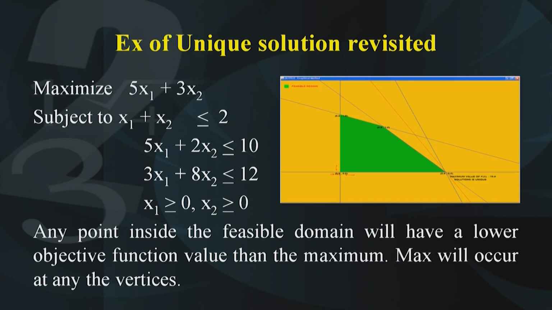In order to understand this theorem, let us look at the graphical method that we did in the previous lecture, and we saw the example of the unique solution case.